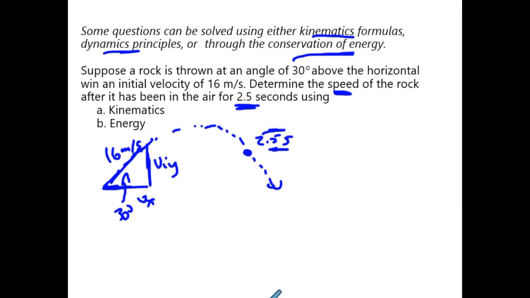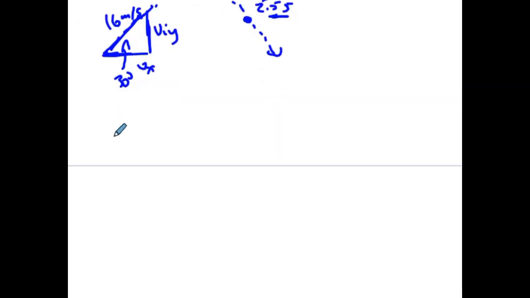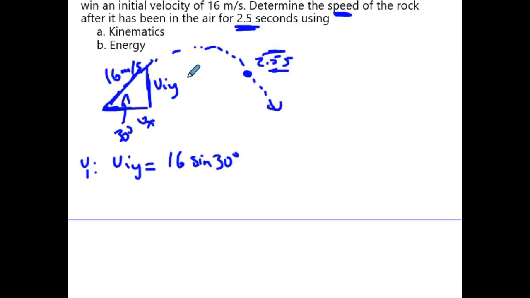So first, let's use kinematics. For kinematics, let's consider what we know. We know that in the y direction, velocity initial in y will be 16 sine 30. Hopefully that is something I don't have to elaborate too much on, but this is going to involve sine of 30, and Vx is going to involve cosine of 30 in order to break it up into its components.